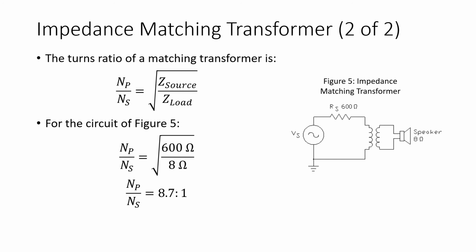Now, we see fewer and fewer instances, particularly in audio systems, that utilize impedance matching transformers. In today's world of integrated circuits, we can build chips that can drive 8 ohm speakers without the use of impedance matching transformers.